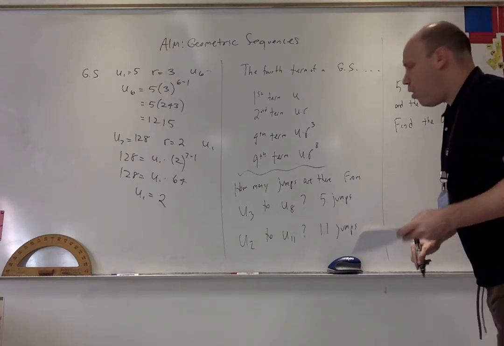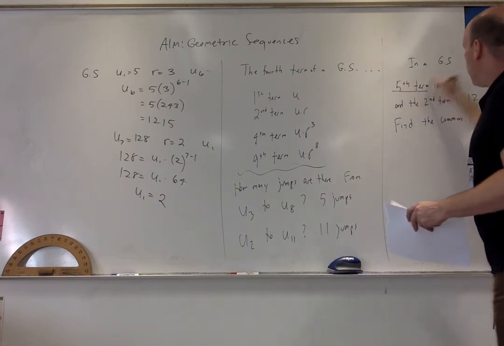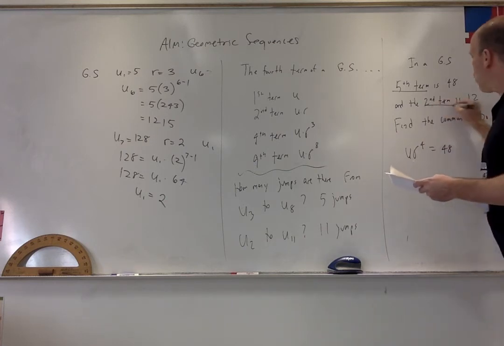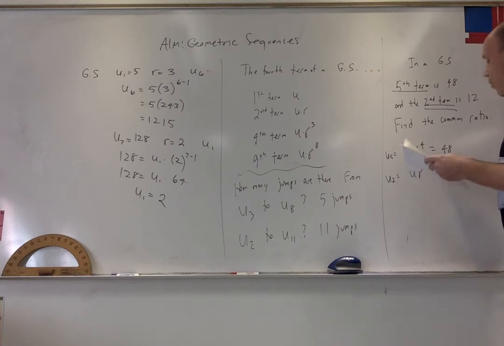Okay? So when you see this kind of problem, the second you see fifth term, you go, okay, u times r to the 4 is 48. Second term, it's also u times r, which is 12.